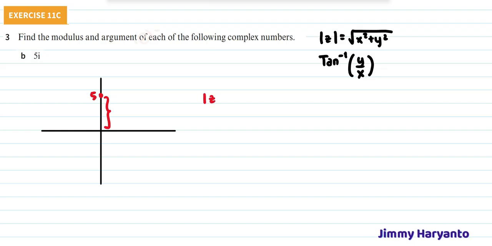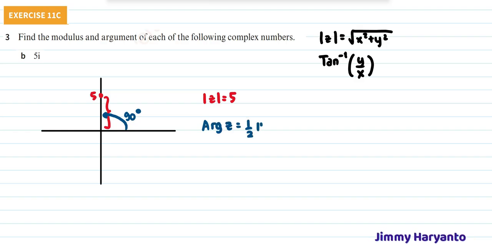That also means the modulus equals 5, and the argument, starting from the positive real axis, is 90 degrees. 90 degrees means half pi. Argument z equals half pi. That's it. The modulus is 5, the argument is half pi.